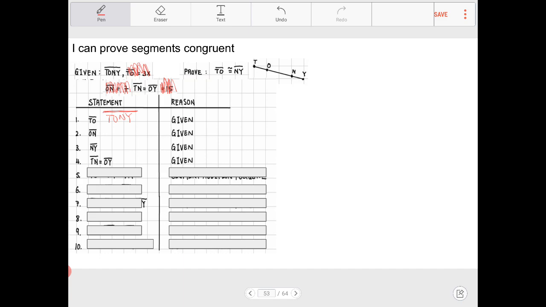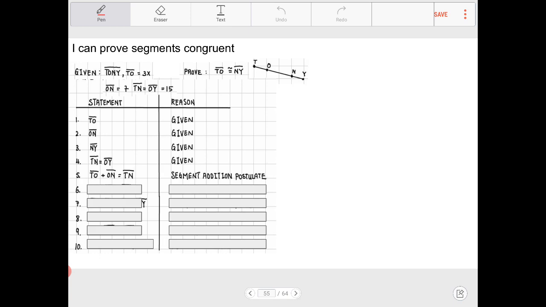Well, I want to go through a very similar process. Since I know that TN is equal to OY, I know that TN is made up of TO and ON. That was one of the first steps that we had taken. We are going to go through this very same step, and this is true because of the segment addition postulate. We can do the same thing with the second half of statement number 4, which is what OY is made up of.